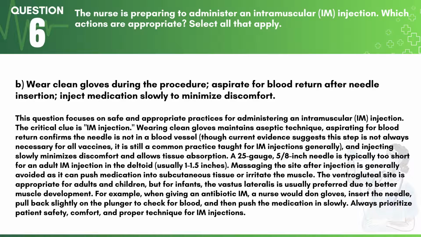The ventrogluteal site is appropriate for adults and children, but for infants, the vastus lateralis is usually preferred due to better muscle development. For example, when giving an antibiotic IM, a nurse would don gloves, insert the needle, pull back slightly on the plunger to check for blood, and then push the medication in slowly. Always prioritize patient safety, comfort, and proper technique for IM injections.